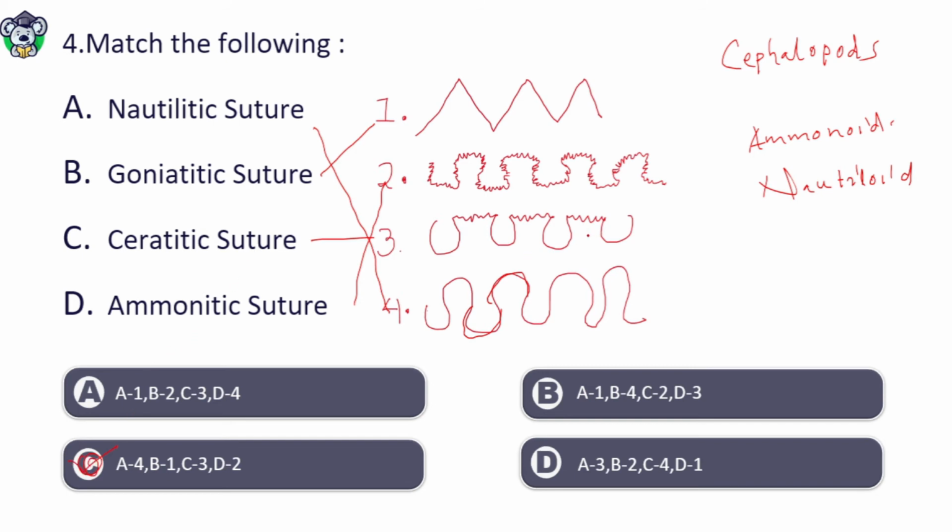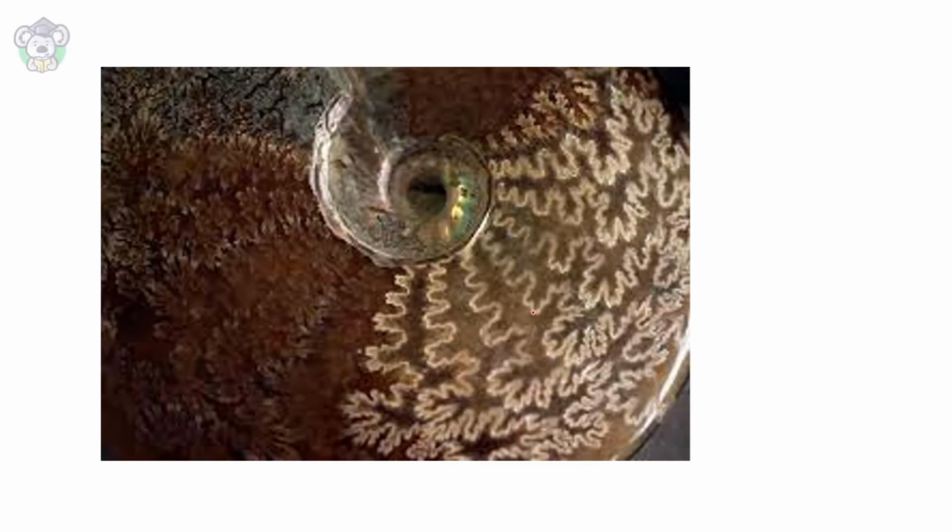What are these suture patterns? Look here. These are the suture patterns developed in the cephalopod fossil. What are these? These are the lines where the septa differentiate the chambers inside the cephalopod.